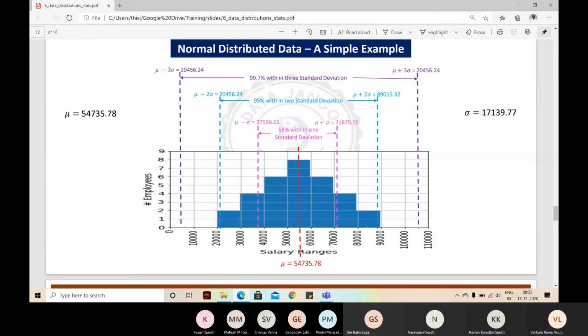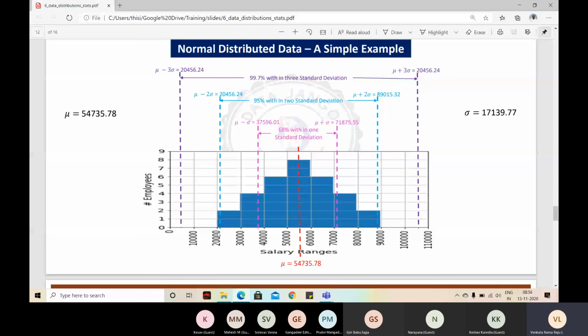The rest of the 11 people fall in the outer ranges, so maybe 5 or 6 people are low salary and 5 or 6 are high salary. If I give even a 10% or 20% hike for these 6 people, it's going to be okay. For the others, a 2% hike is going to be okay.